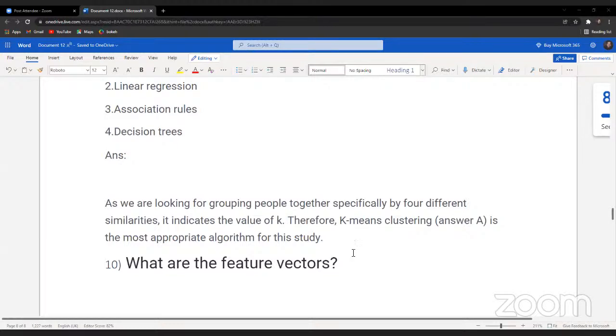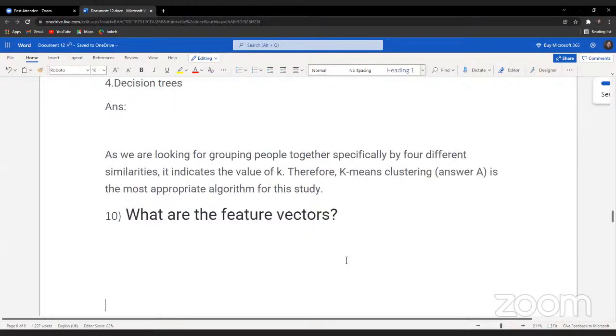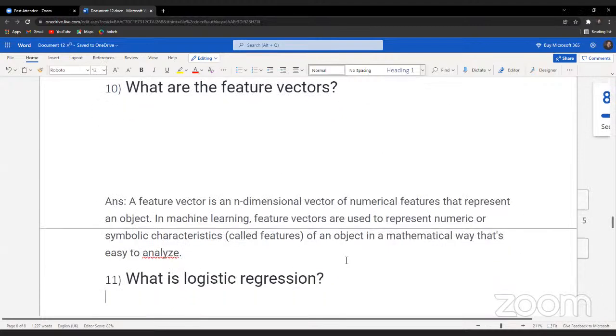Now, as we look into this, what are feature vectors? A feature vector is an n-dimensional vector of numerical features that represents an object in machine learning. Feature vectors are used to represent numeric or symbolic characteristics, called features, of an object in a mathematical way that is easy to analyze.